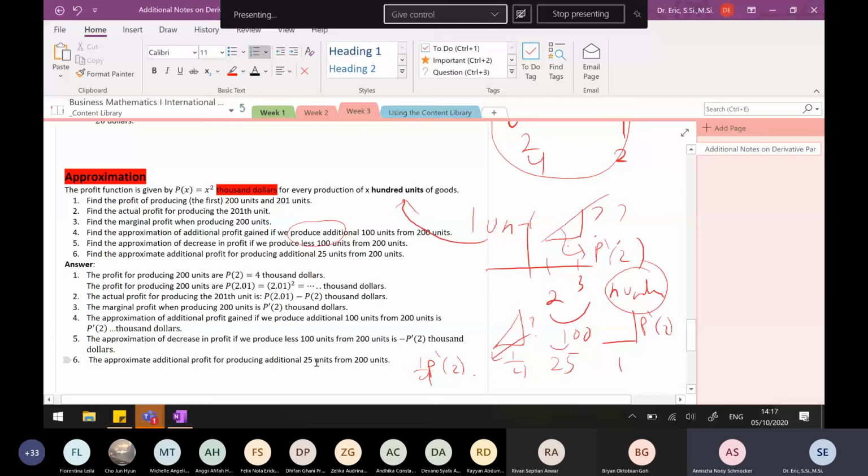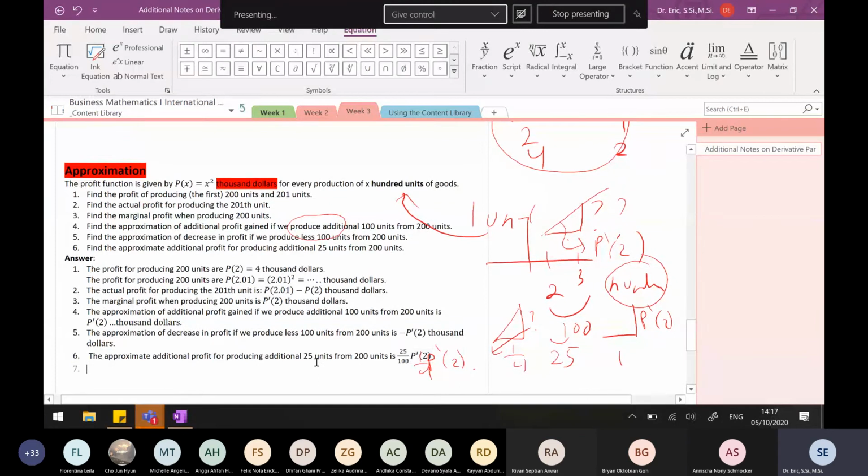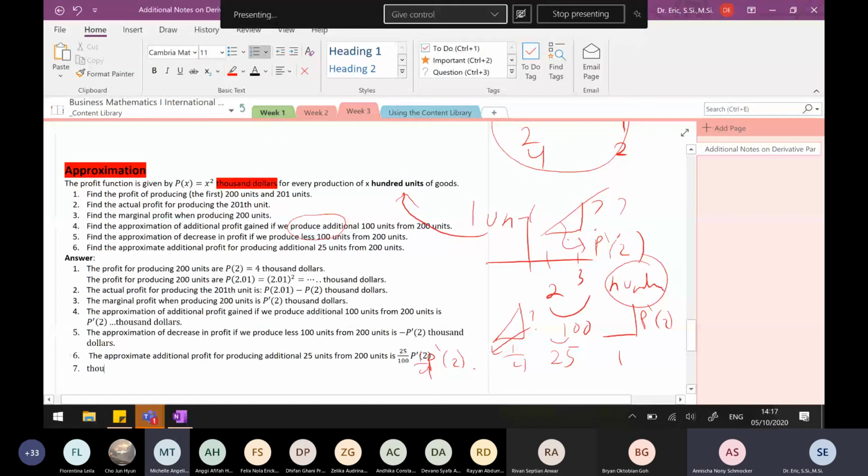It is 1/4 times P prime 2. Maybe this one, if you don't understand, 25 out of 100 times P prime 2. Don't forget in $1,000.